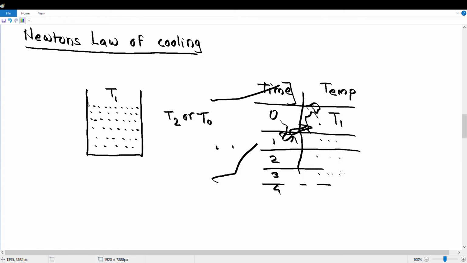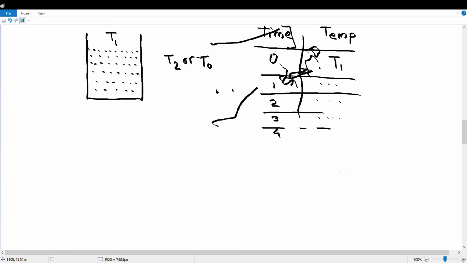What we observe is that when time increases, the temperature of this water goes on decreasing.